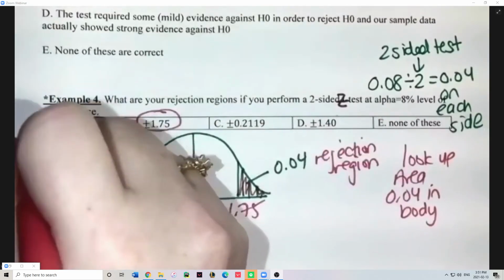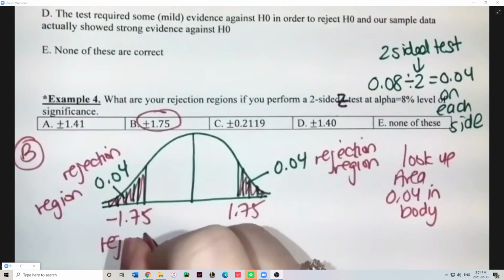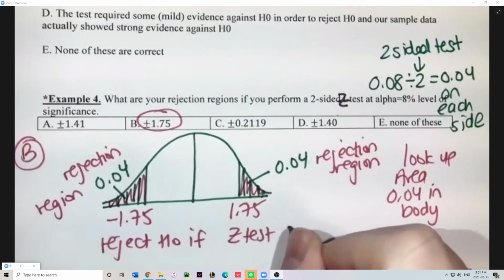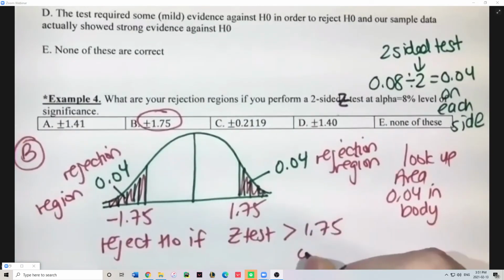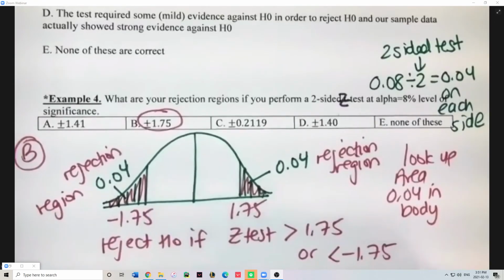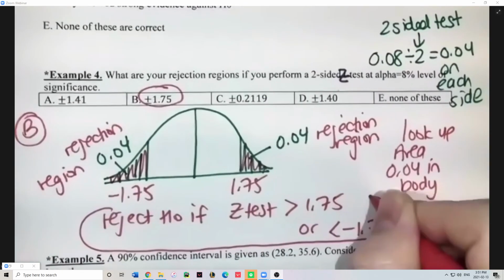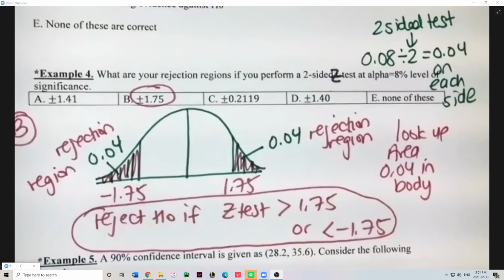And so our rejection regions: we would reject H naught if your Z test statistic was greater than 1.75 or less than negative 1.75. That would be your way to conclude.